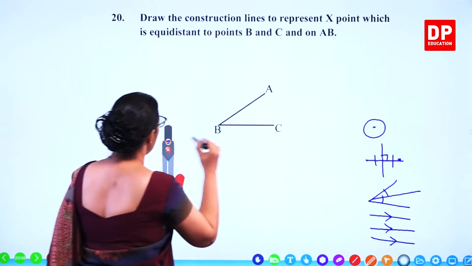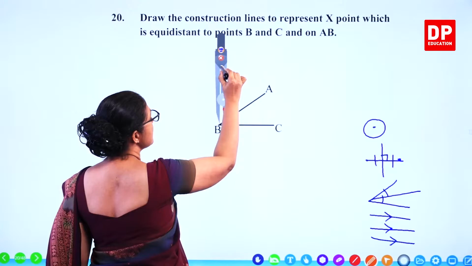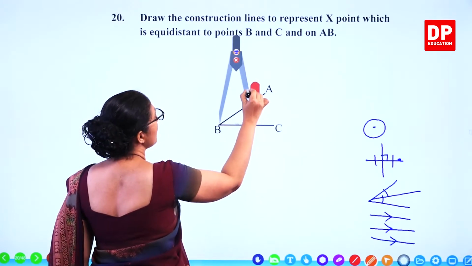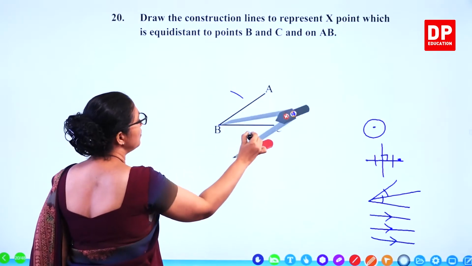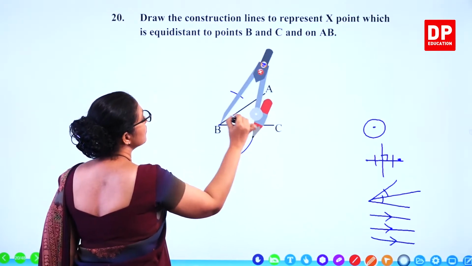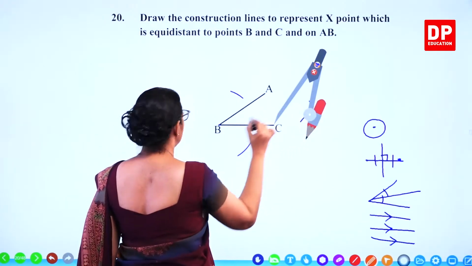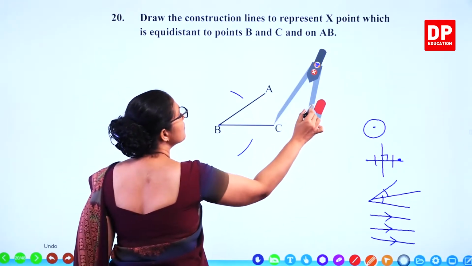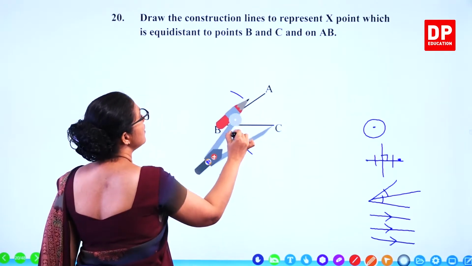Second one, perpendicular bisector. So what we do, you take a certain distance, draw an arc above and below. Do the same thing for point C. You draw the arc below and here above.